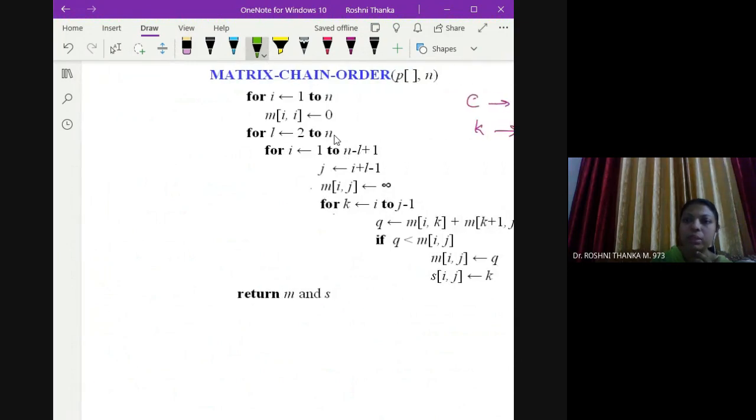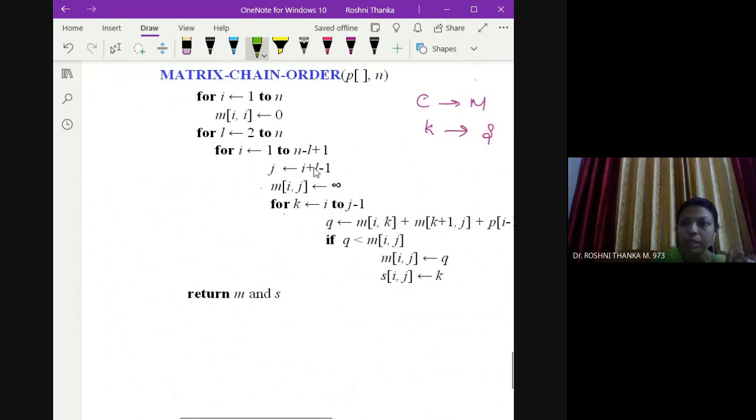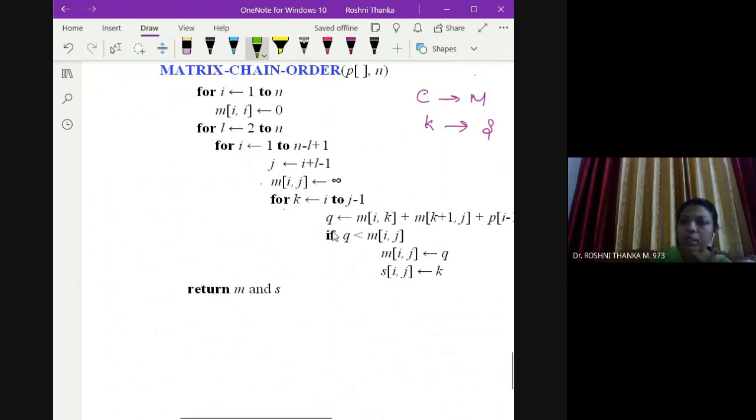So the first loop denotes the dimensionality and diagonal initialization, and the second for loop denotes the number of row values, which we have to calculate for each one. Then we initialize the C matrix with dummy values. Say, for example, let us initialize all the values of i, j with 0.